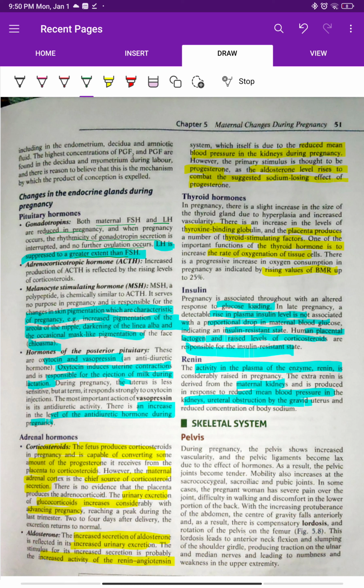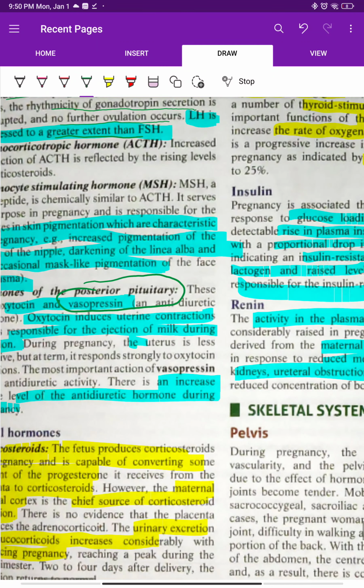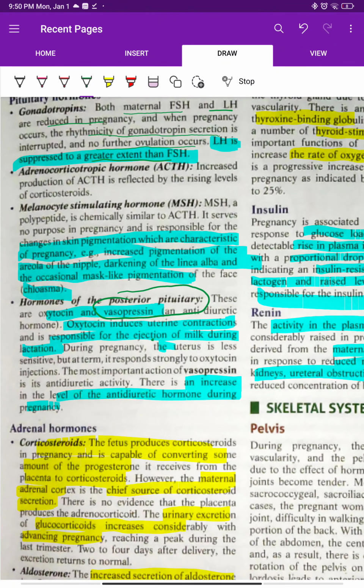Hormones like vasopressin and oxytocin, which are produced from the posterior pituitary gland, are of very low sensitivity in the initial period, but at the end of the delivery they are of high sensitivity, because they are responsible for ejection of milk as well as for uterine contractions. Vasopressin is also an antidiuretic hormone, guys.